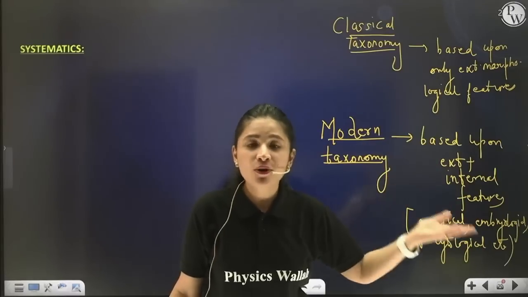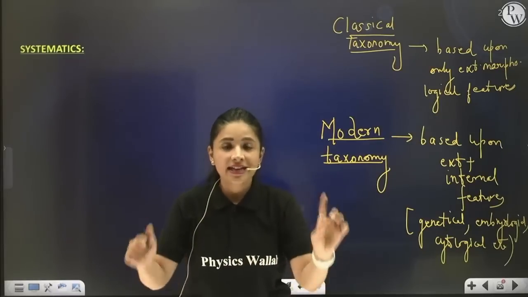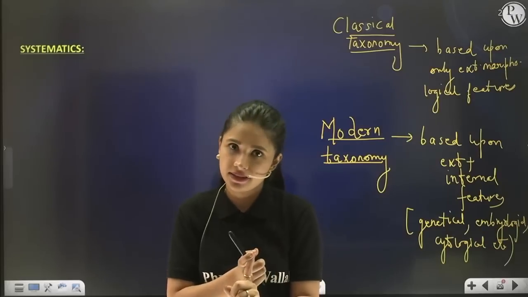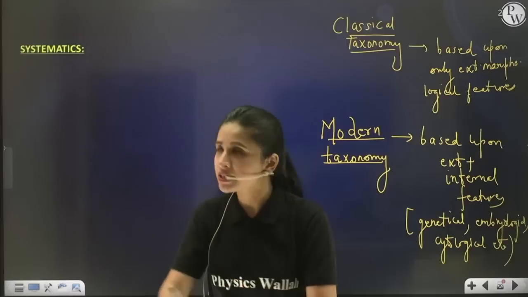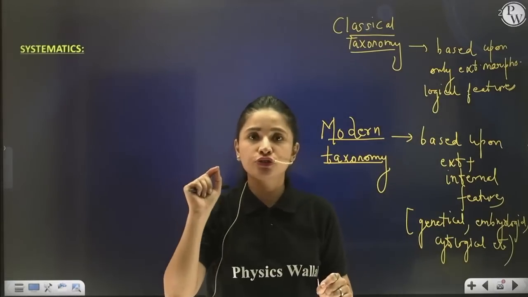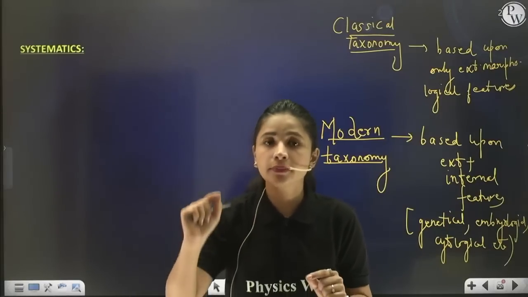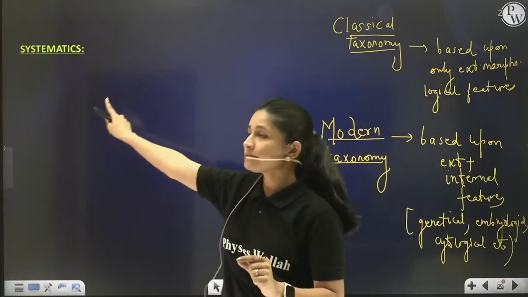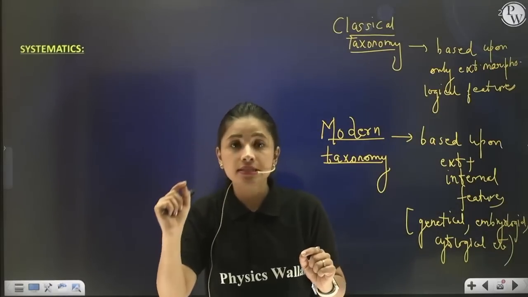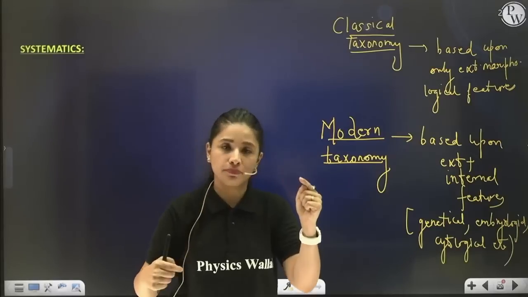Because in modern taxonomy, one thing was missing. That is evolutionary relationship between the organisms. And here comes systematics. The term systematics was used by Carolus Linnaeus in his book Systema Naturae. The term systematics is derived from a Latin term systema, which means systematic, proper arrangement.